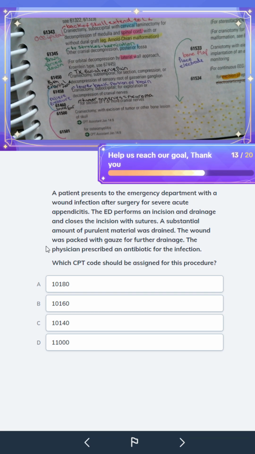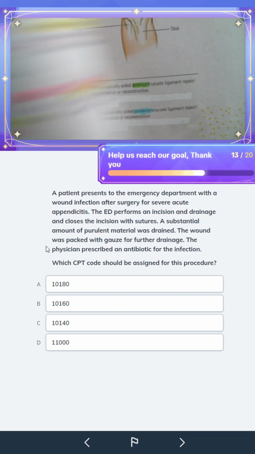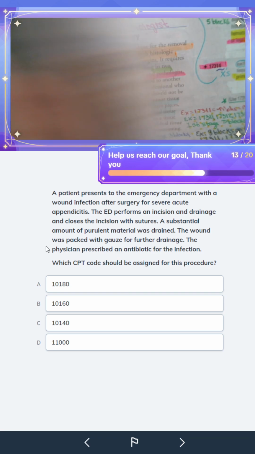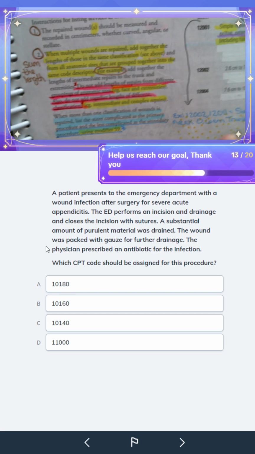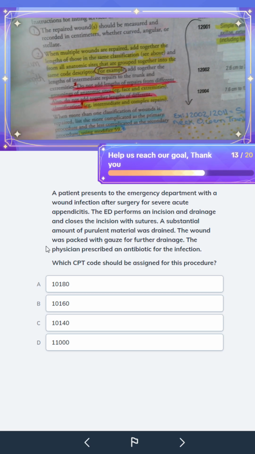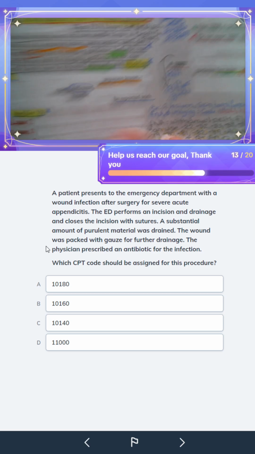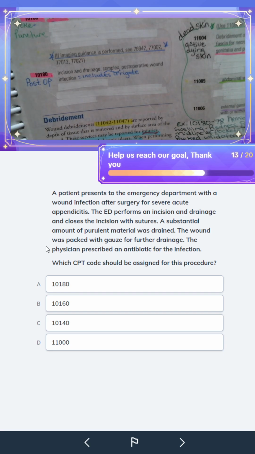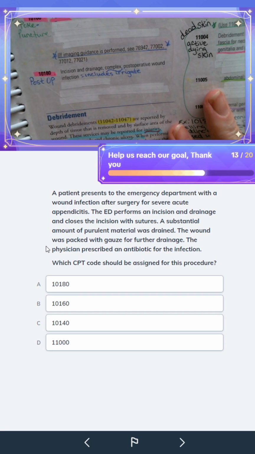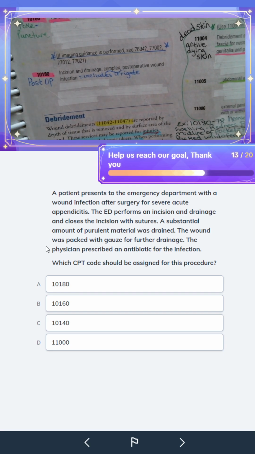What's our differences between the 101s? Those are the fine needle aspirations, are they? No. We're past that. Okay, 401, those are the punctures. So 80 is post-op. Is this a post-op visit? They've already had something done.